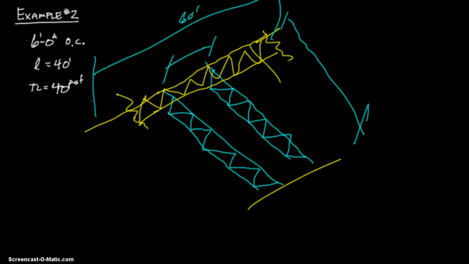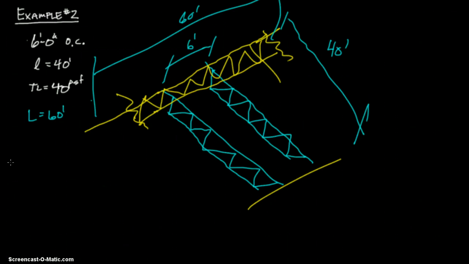And this right here, the joist span is the 40 foot, and they're at 6 foot on center. I think that looks better, and I forgot to write that up here. It says the joist girder spans 60 feet, so let's call it big L equals 60. Hopefully you know what I'm talking about. You could make it anything you want here. You can make a smiley face to represent that.